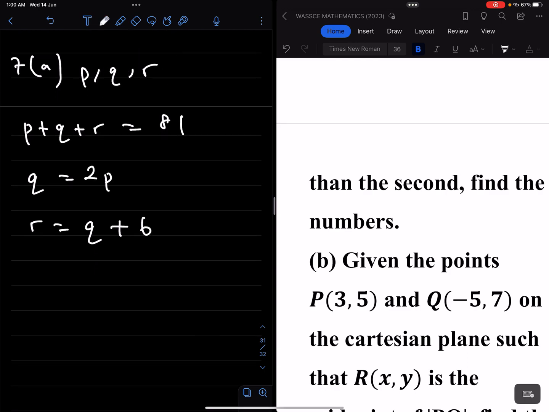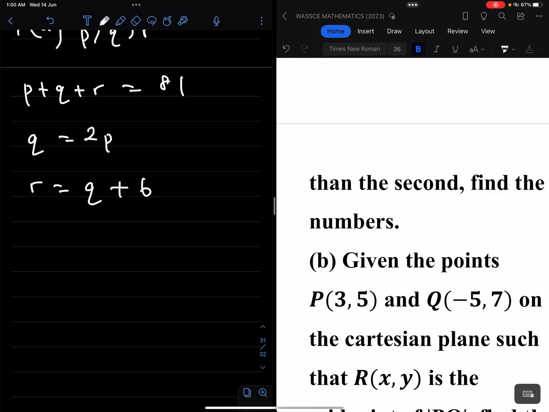Now we want to find the numbers. Now P plus Q plus R equals 81. Let me rewrite that equation. P plus Q plus R equals 81.